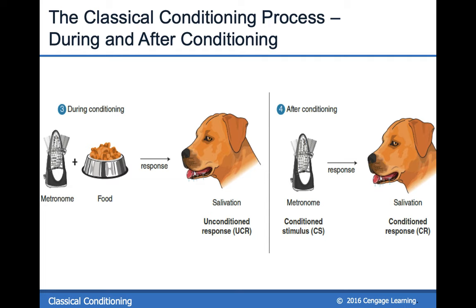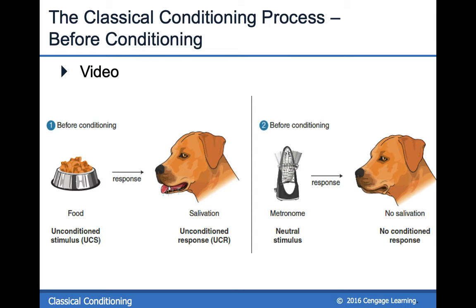So essentially, they had learned that this metronome means that food should be coming. So what was a neutral stimulus before has now become our conditioned stimulus, and what was an unconditioned response is now our conditioned response. It's a natural response that's been harnessed by the presence of this metronome that had been paired with food over time.